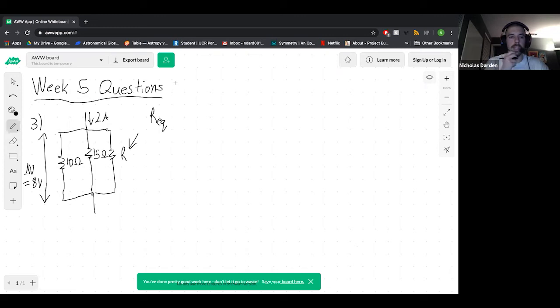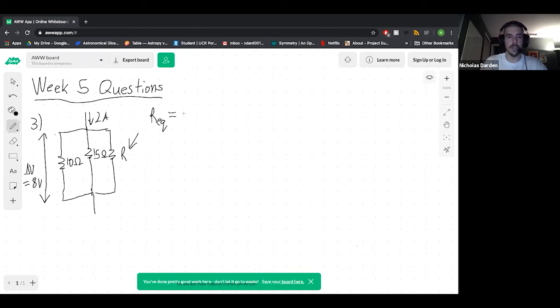And the reason for that is I know how much current is going into this entire section, and I also know the voltage drop over this section. So if I know the current and the voltage drop, then I effectively know what R equivalent is, and I can solve for R like that, right?